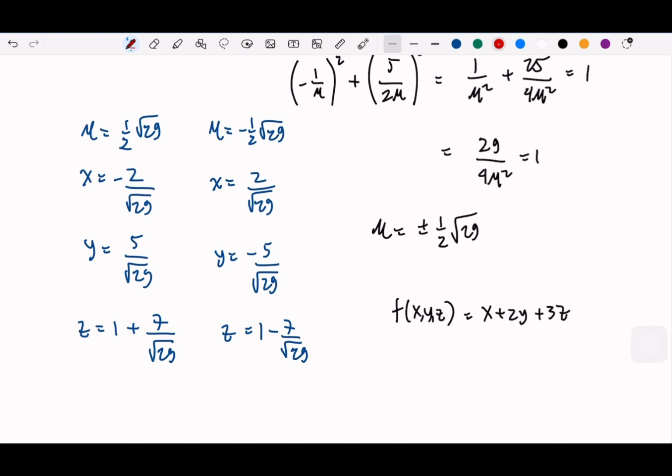So this is 1, this is 2. So checking both of them, we are going to get either 3 plus square root of 29 or 3 minus square root of 29. You can just plug in and multiply. We will get the maximum value is actually 3 plus square root of 29.